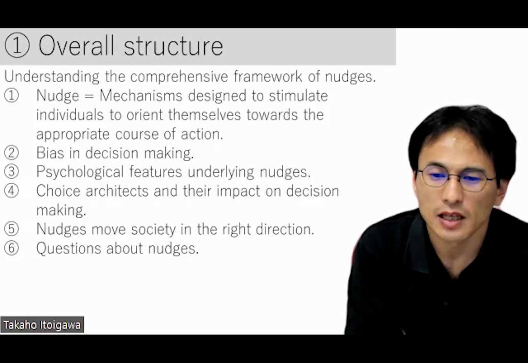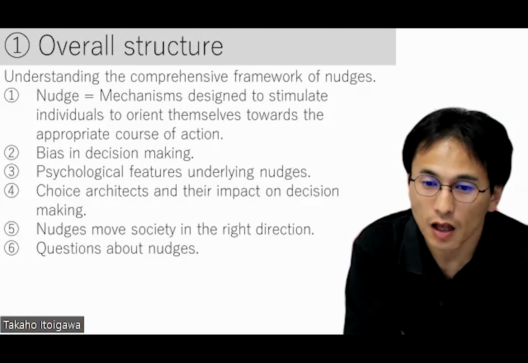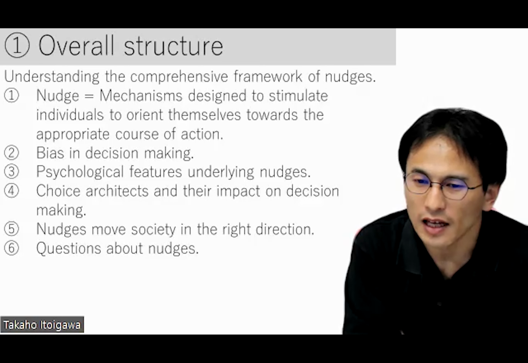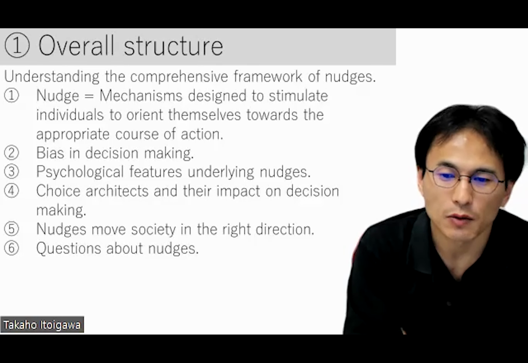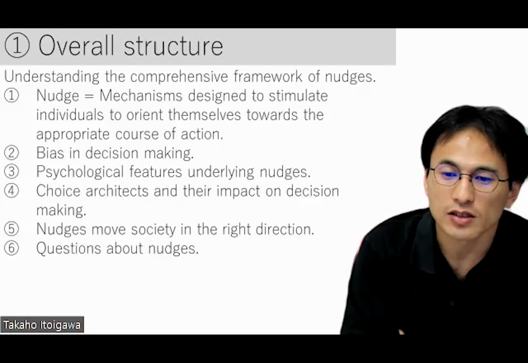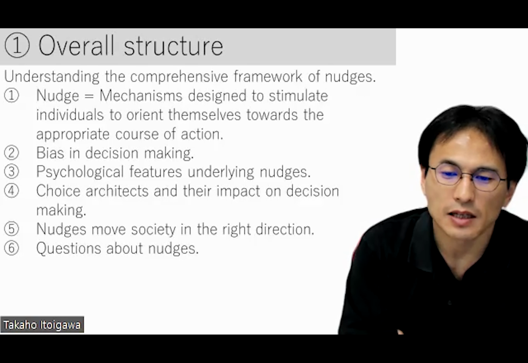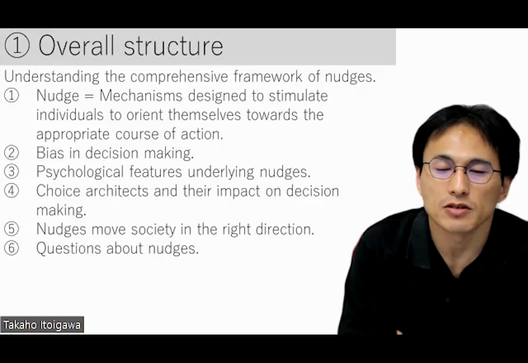Many models have been proposed as information behavior models. And this video introduces the relationship between behavior and psychology using the information behavior model, which is the origin of many models.